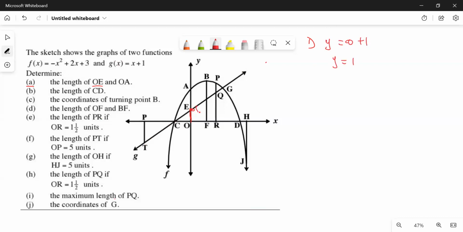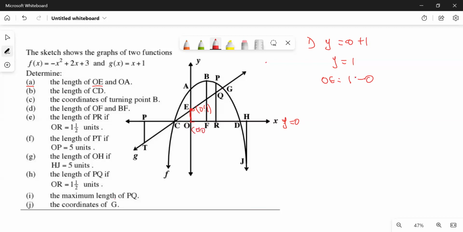It means the coordinates of E are 0, 1. So if they want the length here, it means starting from here. You know what x is here, you know what y is here. What is y here on this line? 0. So if they wanted the length of OE, you're going to say it's 1 minus 0. Here you have the coordinate 0, 0.